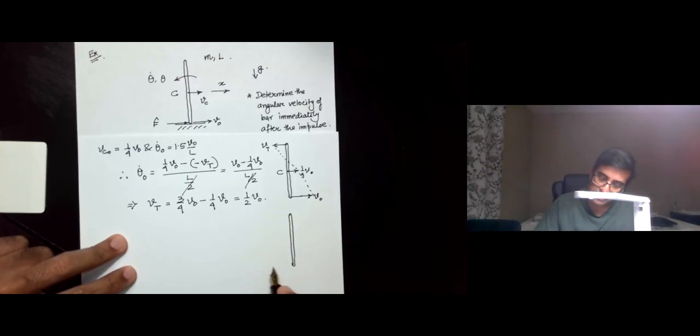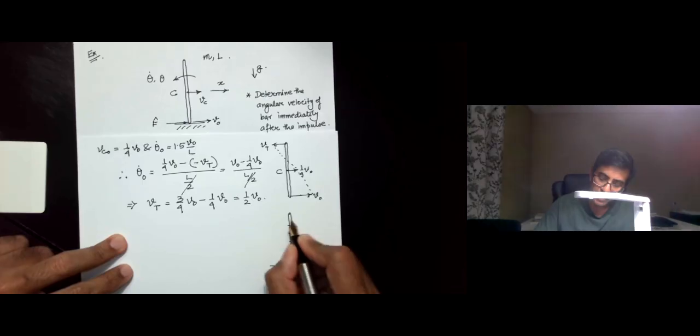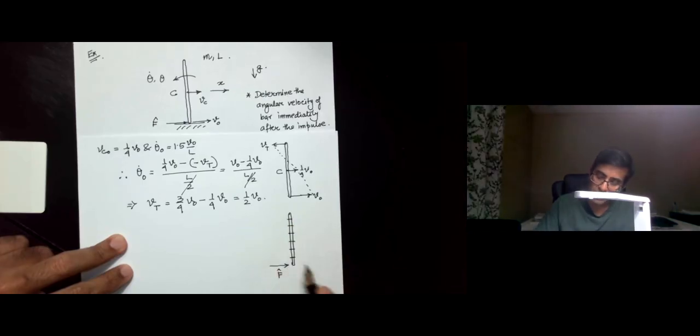What happens is that when we apply an impulse here, let's say it is f hat, if you break this bar down into elements, and you sketch the free body diagram of just this element, at the bottom you have f hat, and at the top you would have an f hat 1 in the reverse direction.